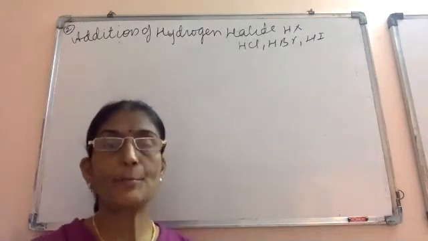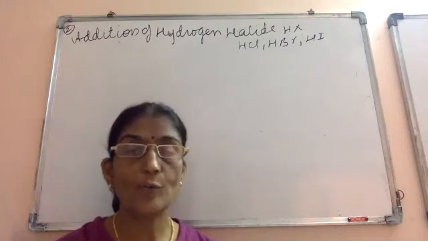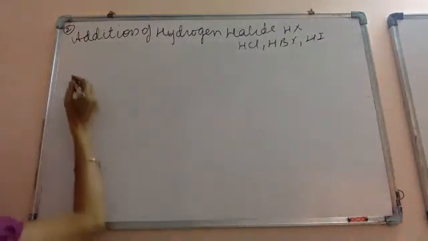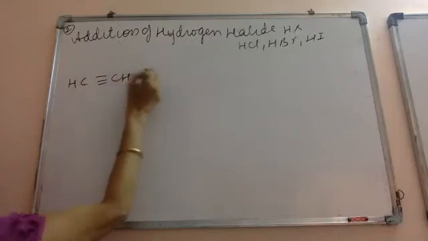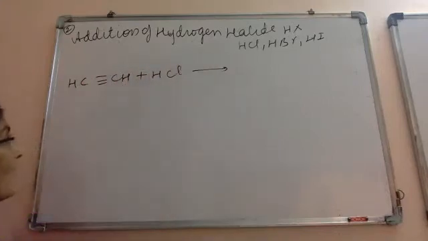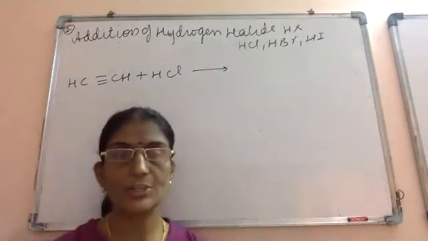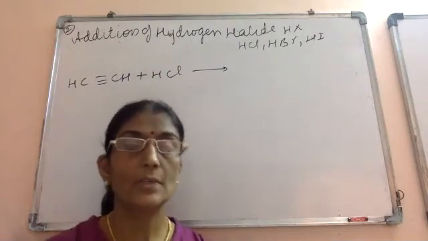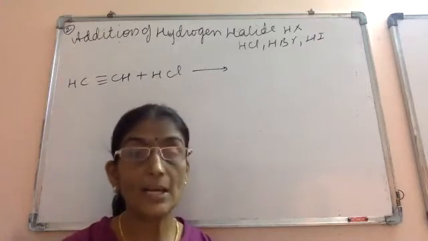The electronegative part of the reagent will add to the carbon having less number of hydrogen. See how? Suppose we use ethyne and we add HCl on it. Now ethyne is symmetrical. Both triple bonded carbons have the same number of hydrogen atoms, so no need to apply Markovnikov rule. There is no need only because the electronegative part will add to the carbon having less number of hydrogen.